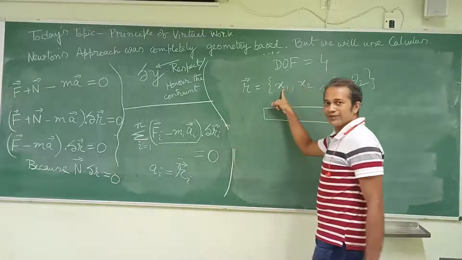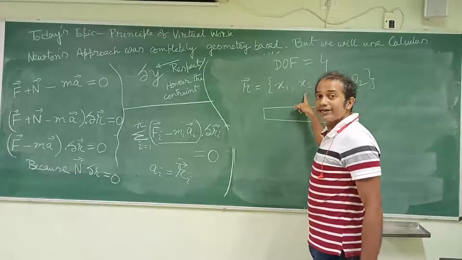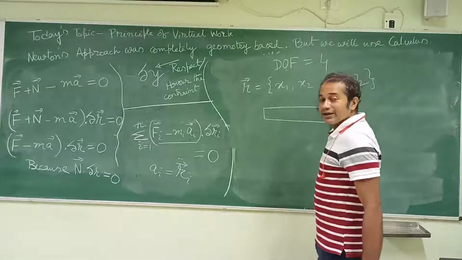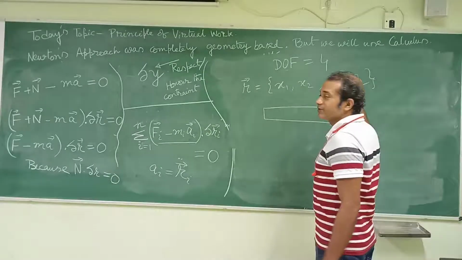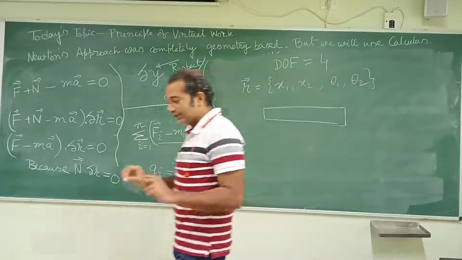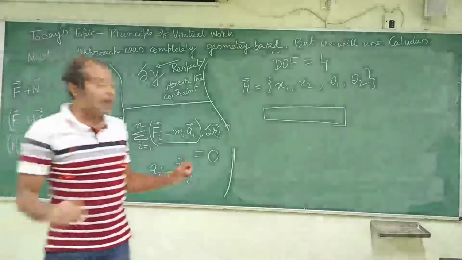That means delta of x1 is entirely different from delta of x2, and entirely different from delta of theta 1, delta of theta 2. So they are linearly independent and arbitrary.